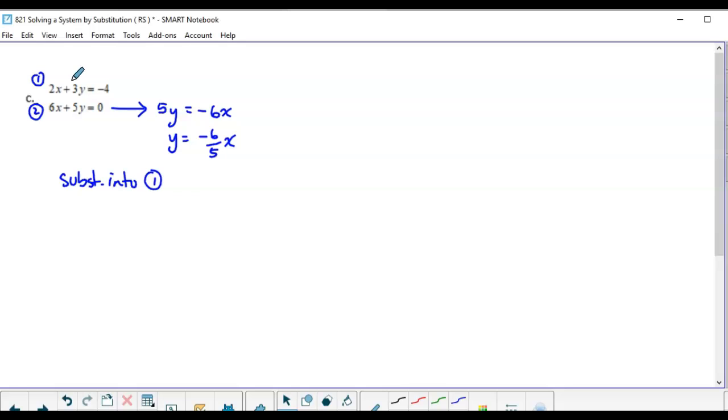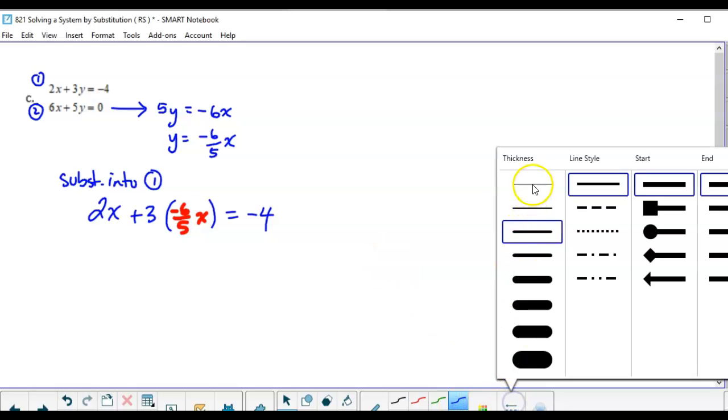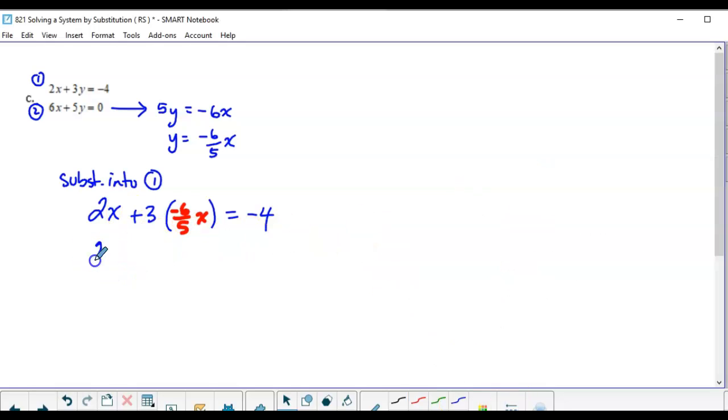Okay, so in this one, we're going to have 2x plus 3 times this expression for y. So that's negative 6/5 x. Okay, so then expand out the brackets.